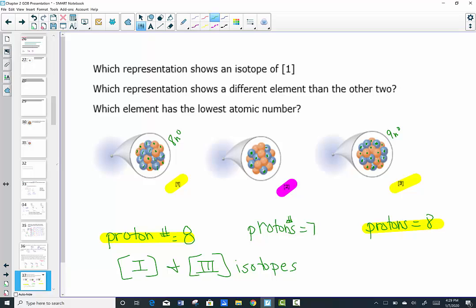Number 8 on our periodic table, by the way, is oxygen. This would have a total weight of 16 particles with the number of protons as 8. Over here, 9 plus 8 is 17 total particles, but it's still oxygen.